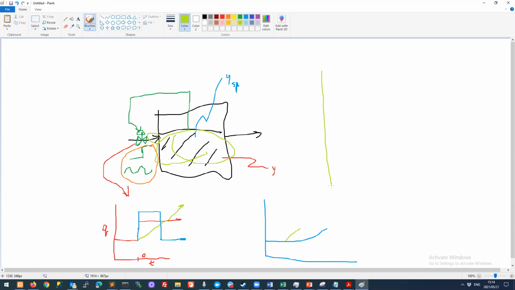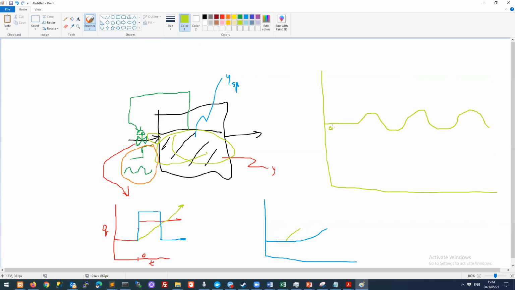And so if we apply a sine wave at the inlet point, so we start applying a sine wave. Let's say we were initially steady and then we started applying a sine wave at t equals 0. So this is our Q function.